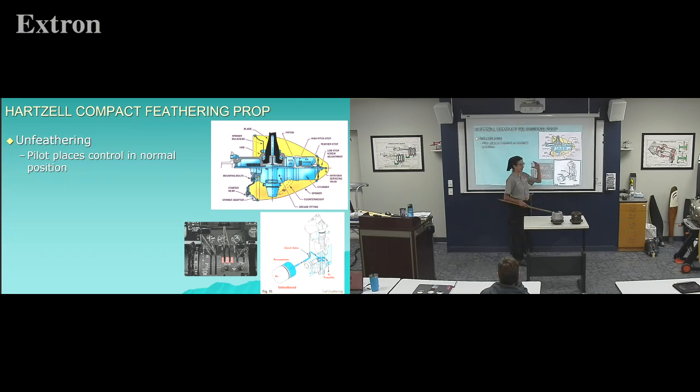When it senses the feathering position selected, that closes and holds that pressure.